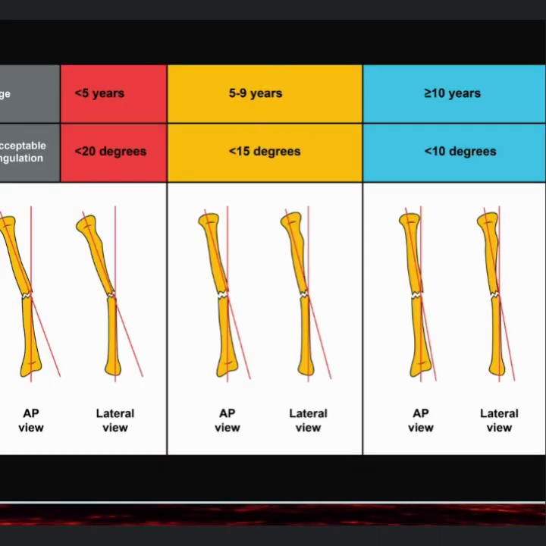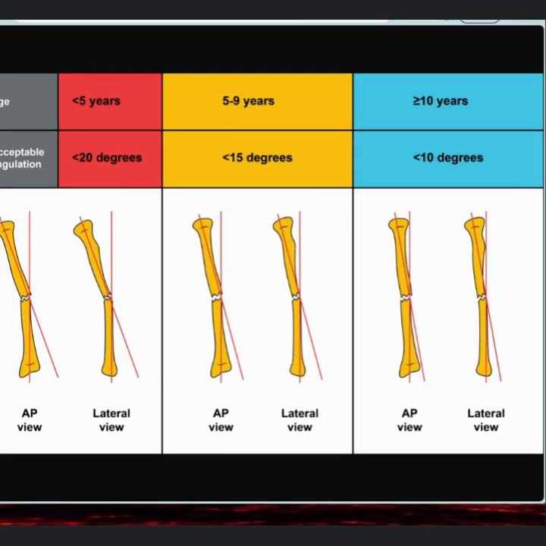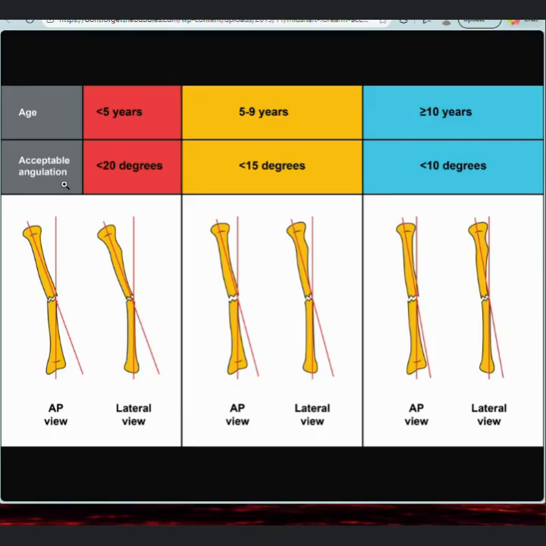Again, here is another diagram, excuse me, let me adjust this slightly, when we're talking about angulations of fracture. This diagram applies to these mid-shaft diaphyseal fractures. These are acceptable angulations through the distal radius fractures as well, but we can accept slightly more angulation, as mentioned, because of the growth potential throughout this area.